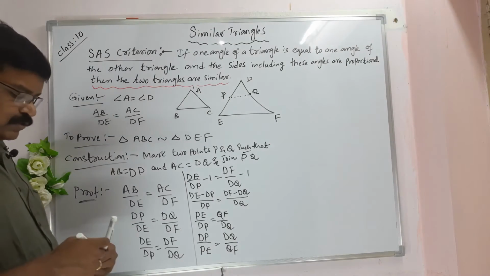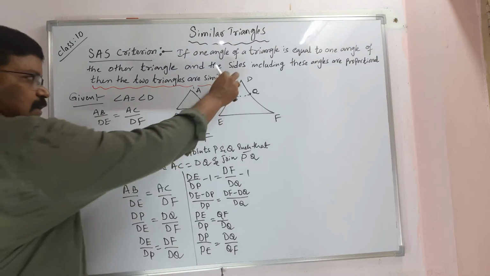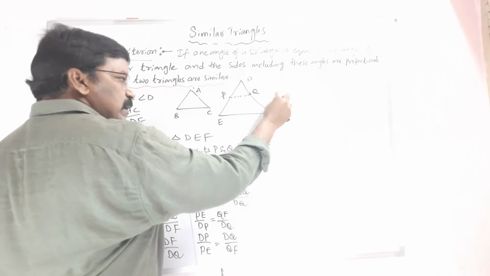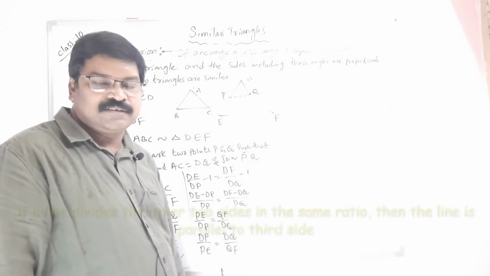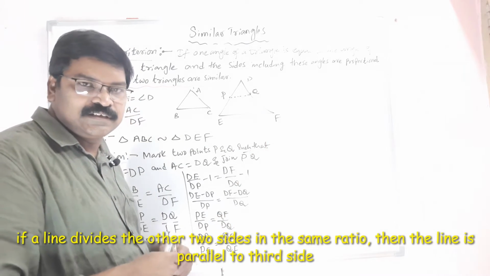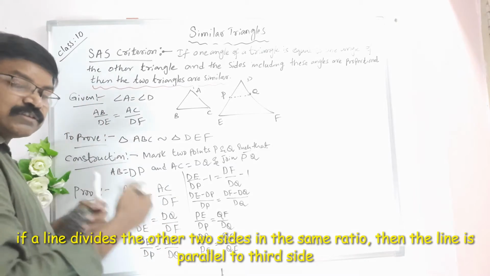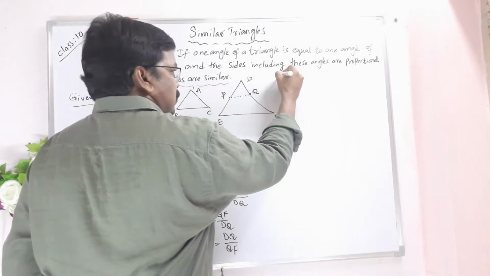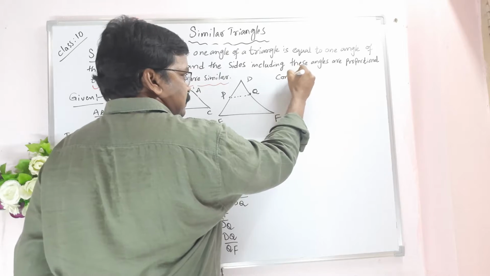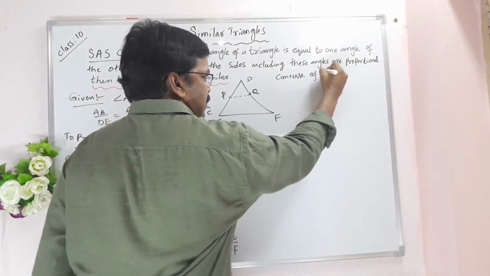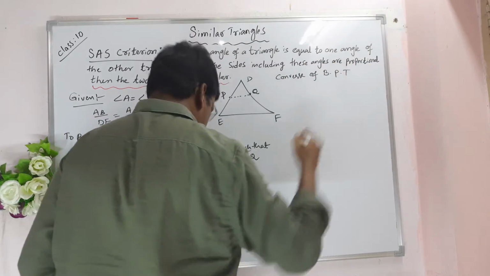So DP by PE is equal to DQ by QF means, can you recall that theorem? Yes, the converse of the basic proportionality theorem.